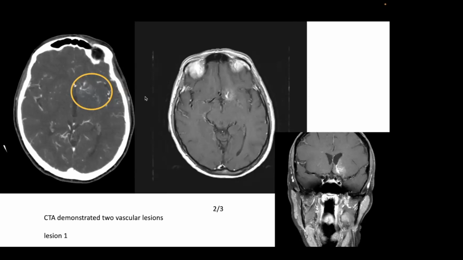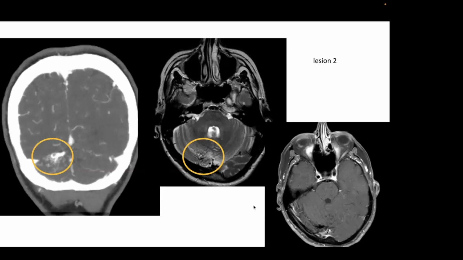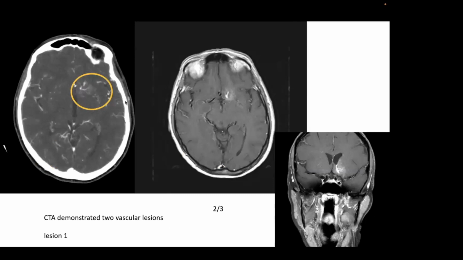See it here in the circle. And here's lesion 2. Okay, so is this a venous angioma, the first lesion?